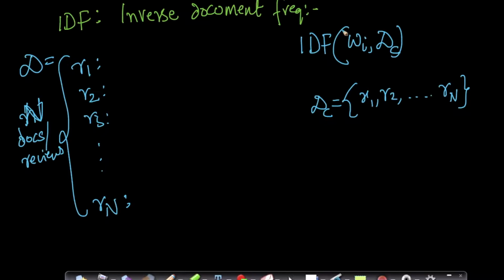So IDF is always defined as follows. Let's assume there is a word W1. Let's assume W1 occurs here. It doesn't occur in R2. It occurs in R3. It occurs in, let's say, R6. It doesn't occur anywhere else.